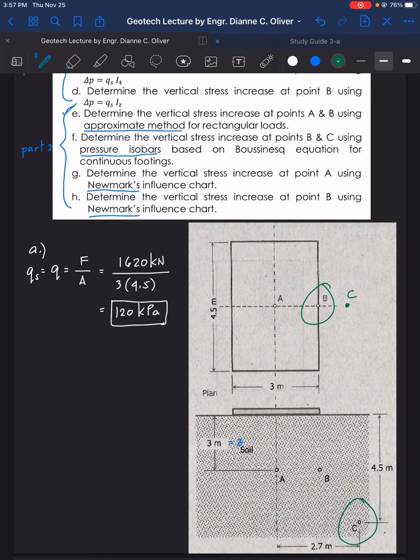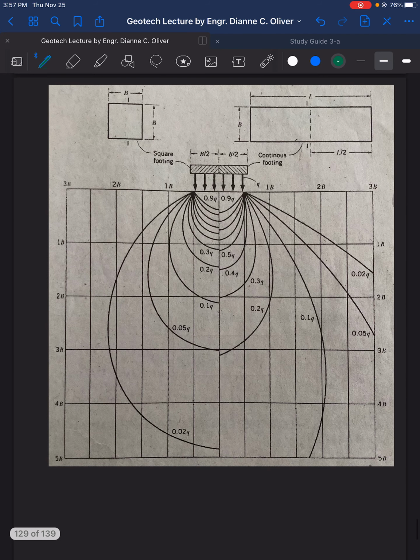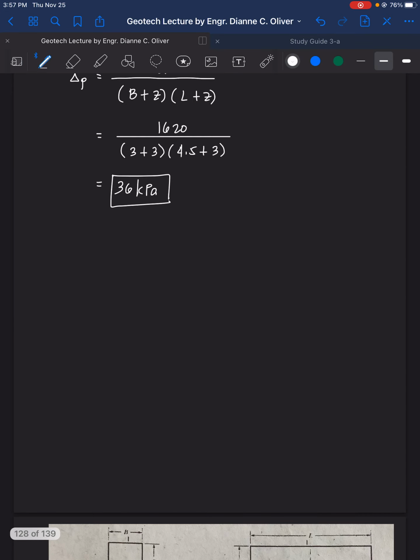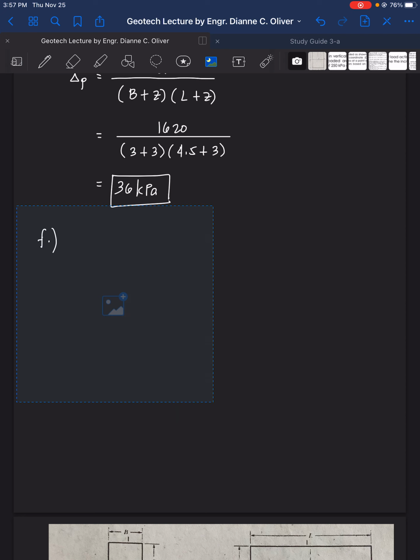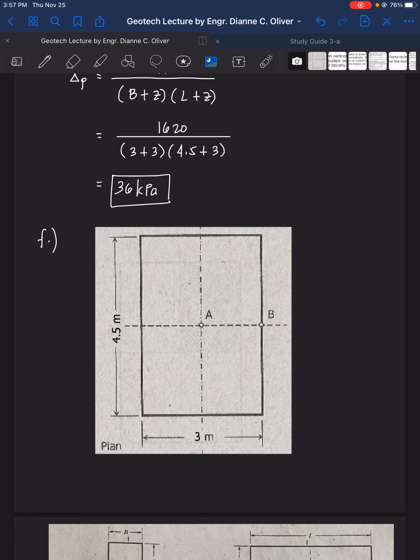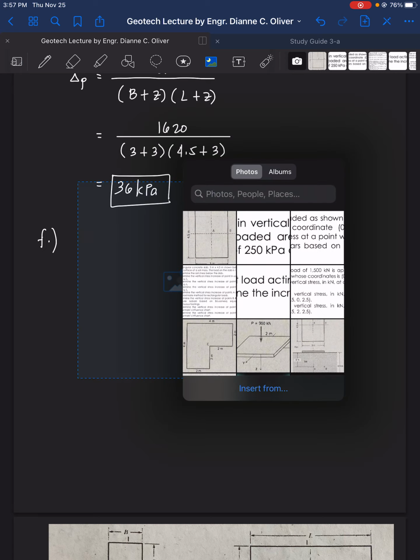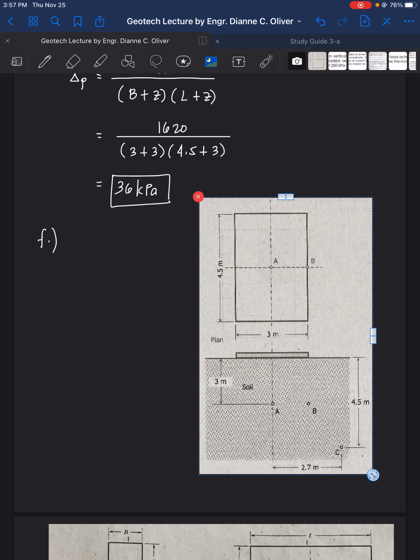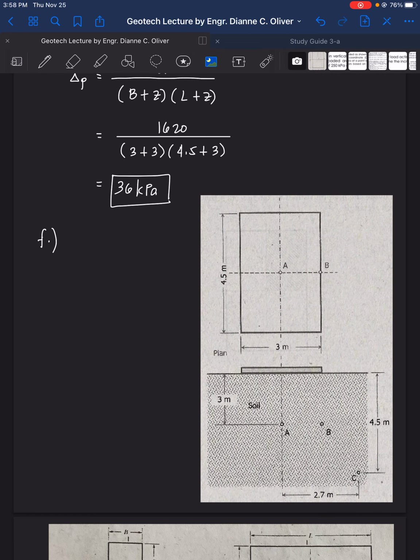So let's solve for letter F using the Boussinesq chart. Here we have point C located here, and that is 2.7.